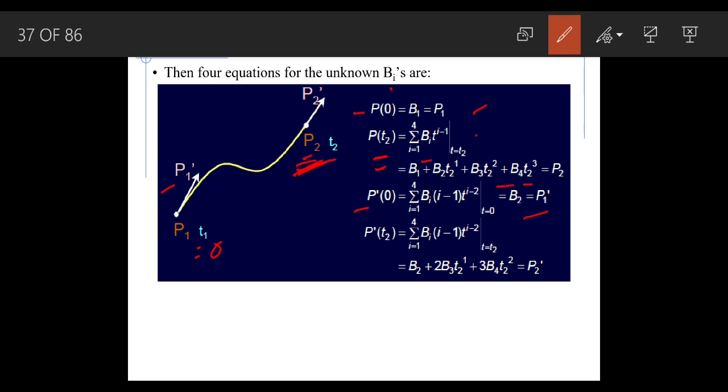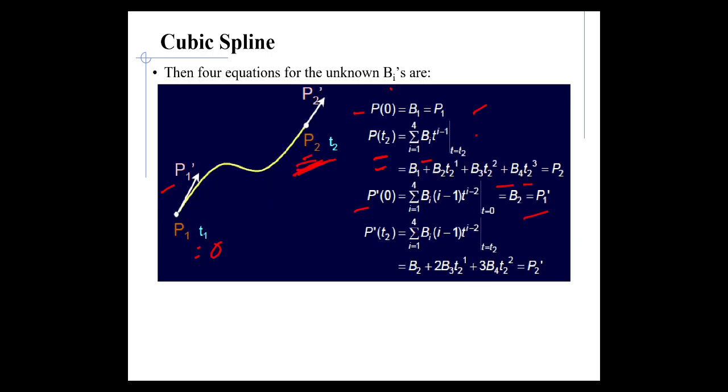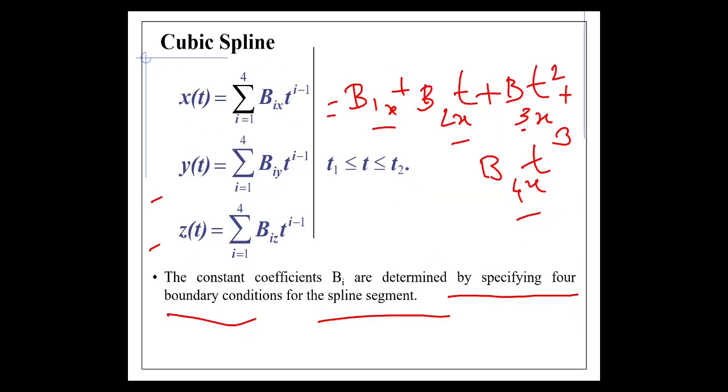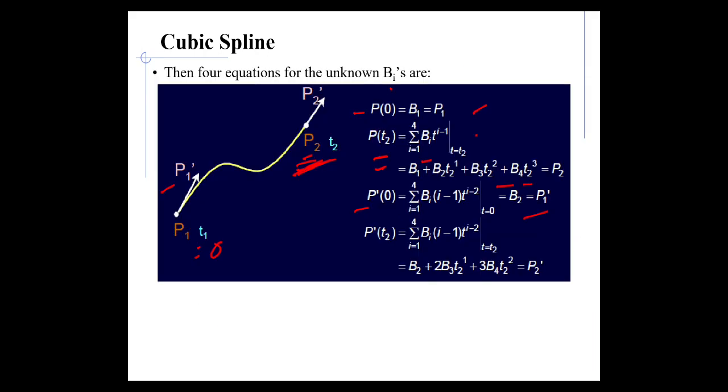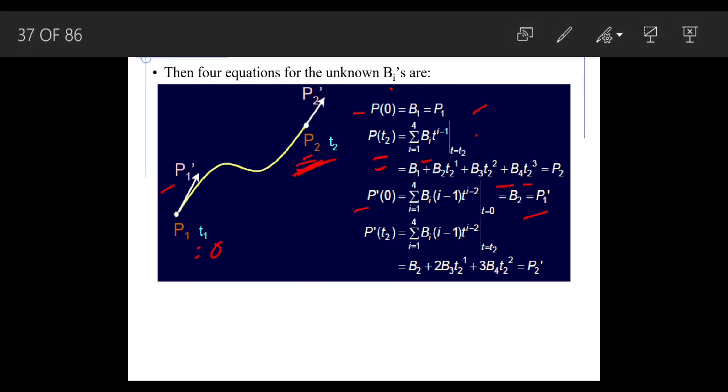If we put the value 0 in this equation, we will get only b2. So p1 dash is equal to b2.